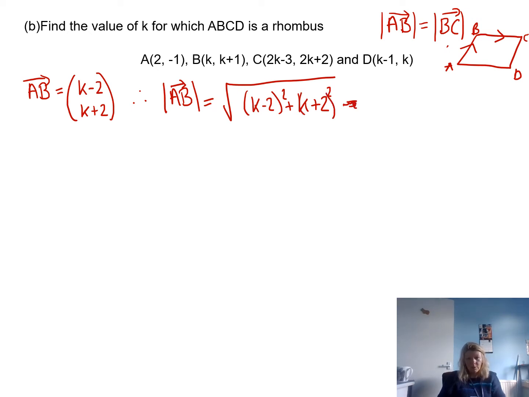Equals something. I'm going to leave it there for a minute. B to C, I'm going to have to work this one out. So that's C take B, that take that.